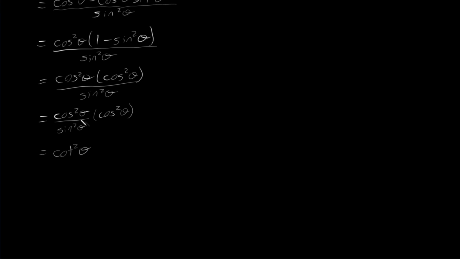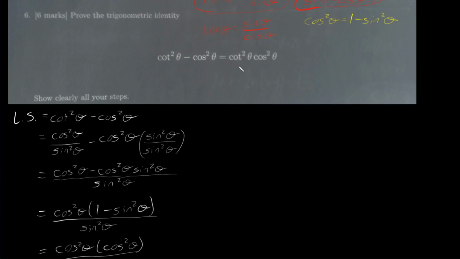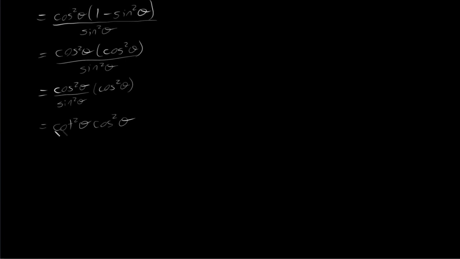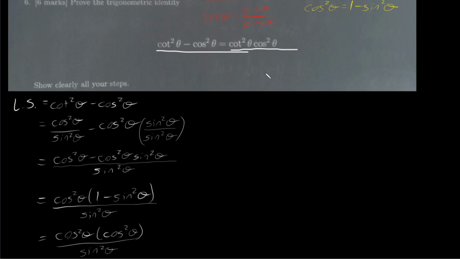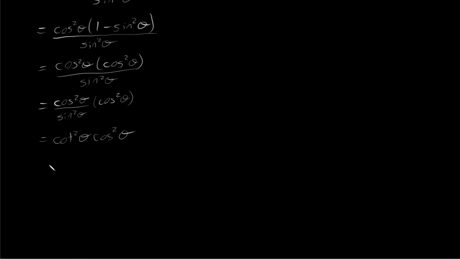And this is multiplied by cos squared theta. And this cotangent squared theta times cos squared theta that we have here, this is the right side. So now we have the left side ended up simplifying to cotangent squared theta times cos squared theta, which is equal to the right side. So we can say, therefore, left side equals right side.